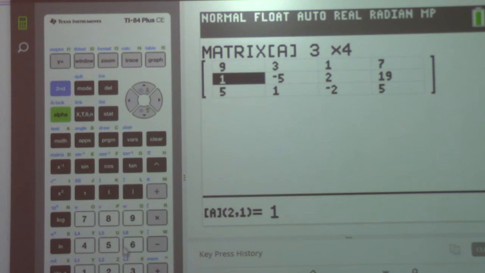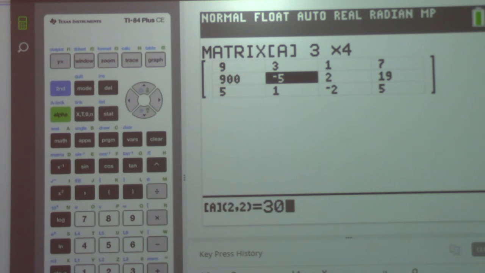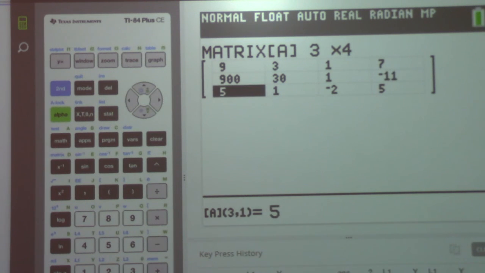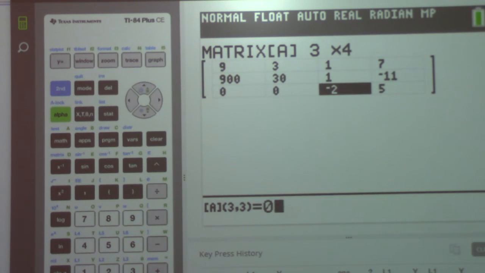And then this row, is it 900? And then is it 30? Yep. And what's the next one going to be? 1, and negative 11. And then 0, 0, 1, and negative 1.